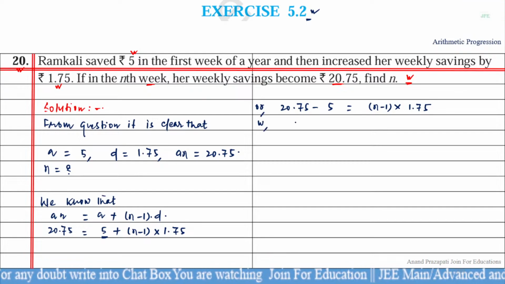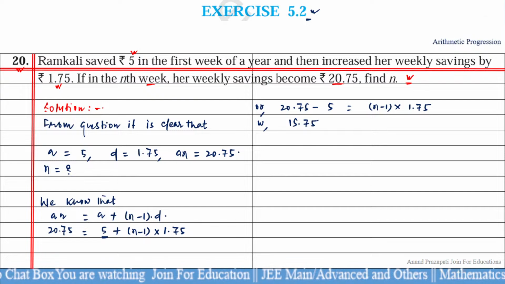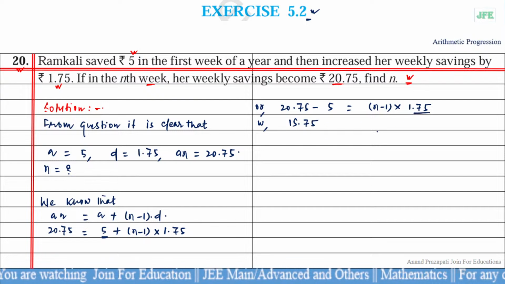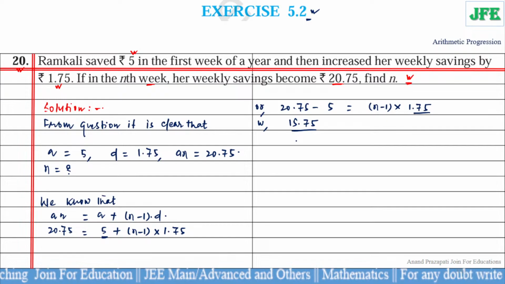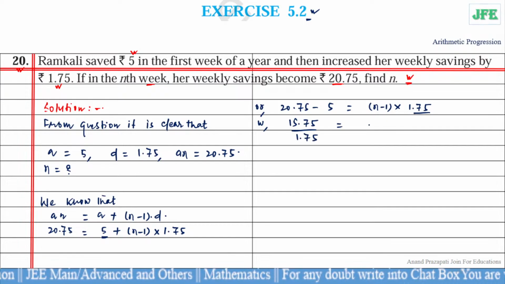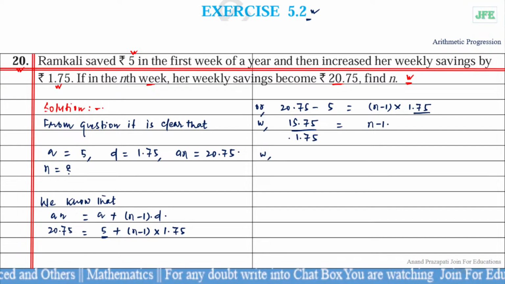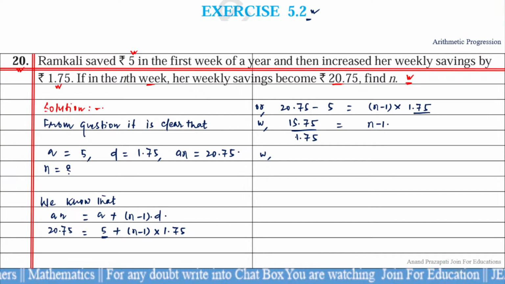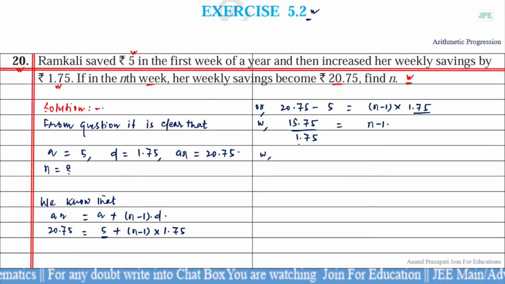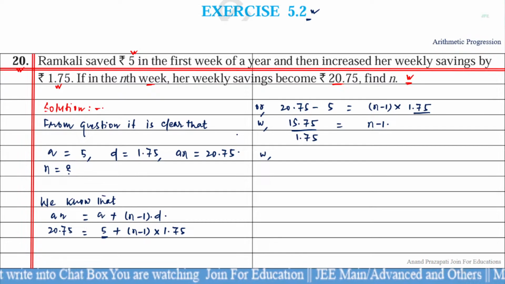After the subtraction we get 15.75, and this 1.75 moves to the left hand side, therefore we write down here 1.75. In the right hand side we have n minus 1. So when this is divided by 1.75, then we get, so divide.